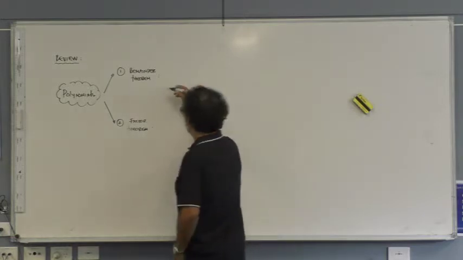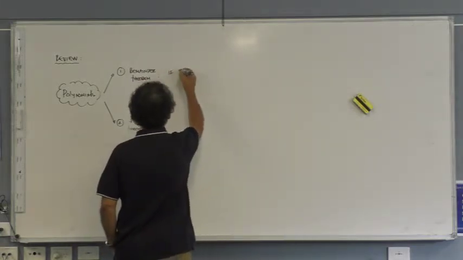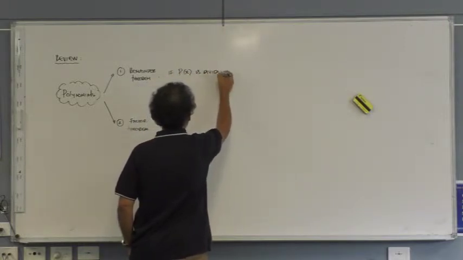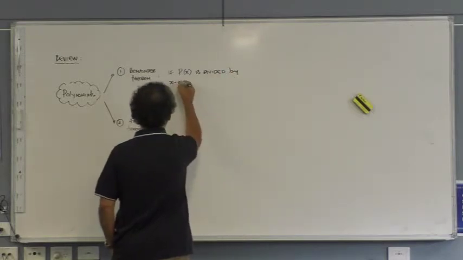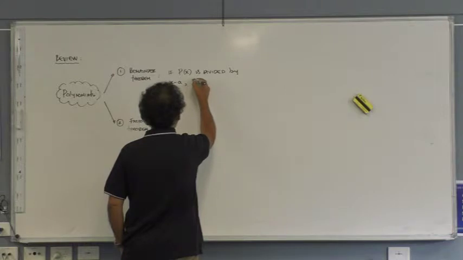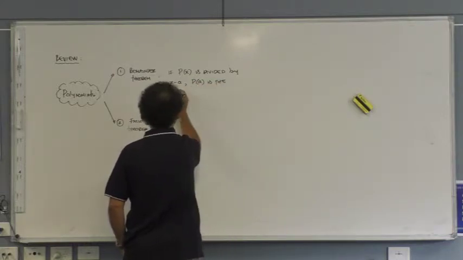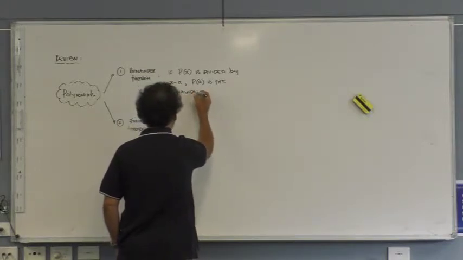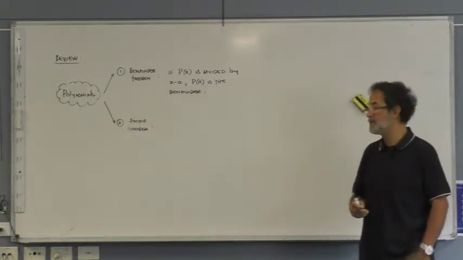This theorem says that if p(x) is divided by x minus a, p of a is the remainder. So that is what the remainder theorem says.